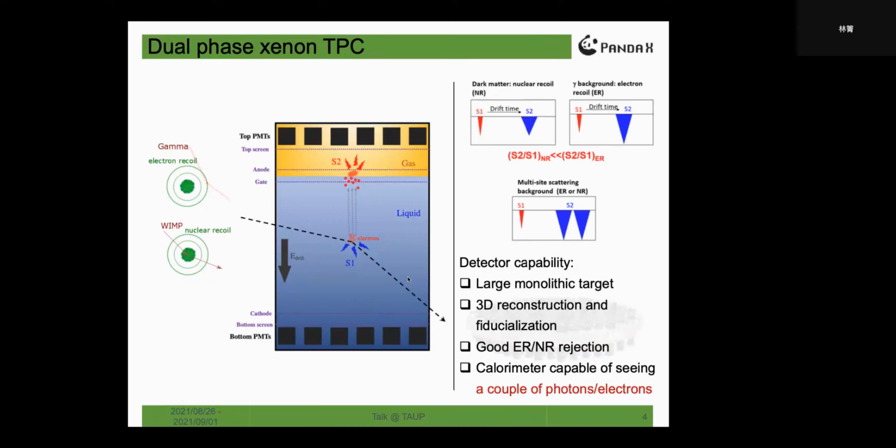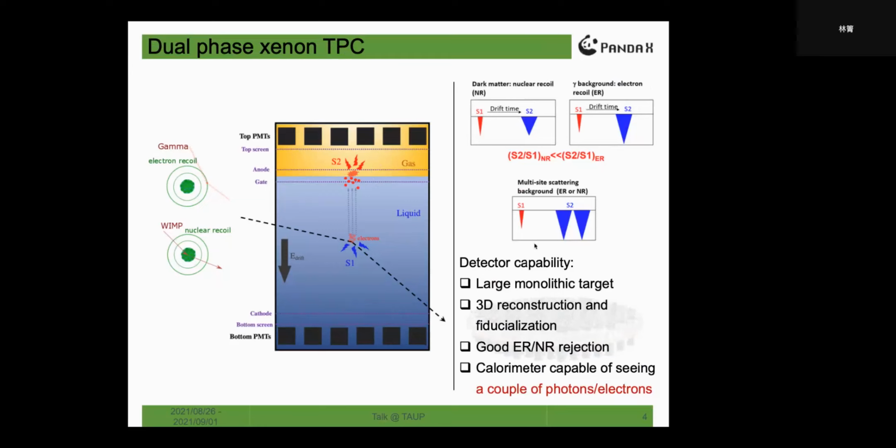The remaining electrons drift to the liquid surface under the drift field between the gate and the cathode, and get extracted from the liquid into the gas under a stronger field between the anode and the gate. The electrons travel in the gas, exciting the xenon atoms on the way and also creating some scintillation light.